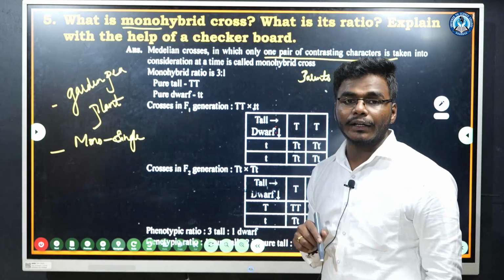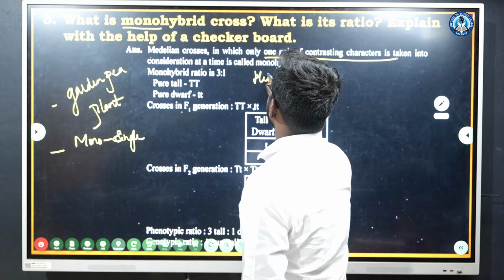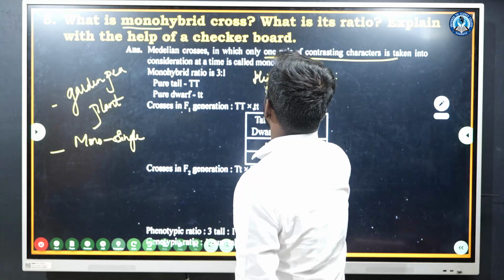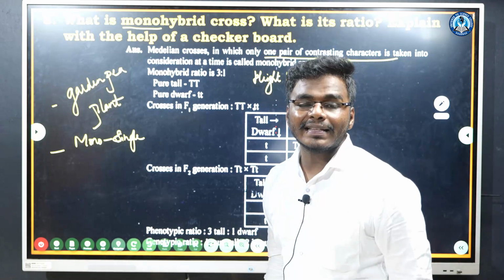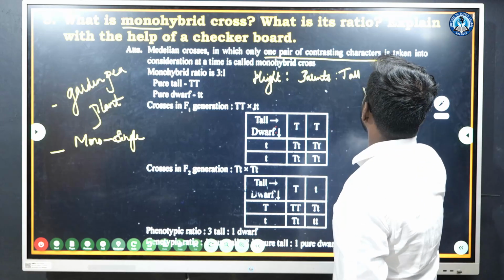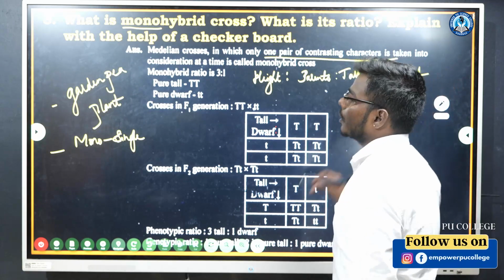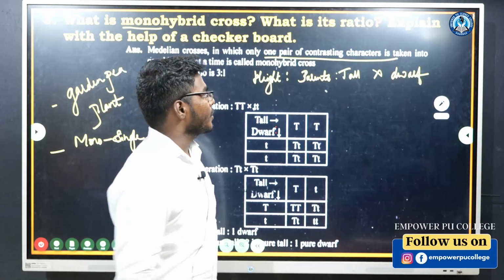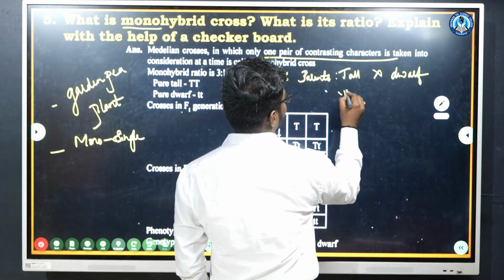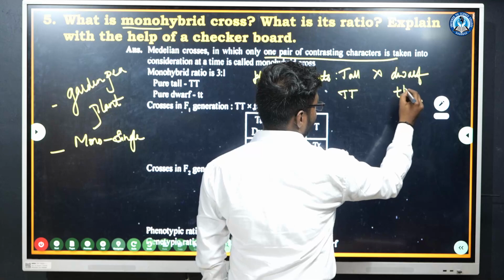For his study, he took height as a character. For the monohybrid cross, Mendel took height as a character. So in that, he crossed tall with dwarf. The tall is represented by capital T, and the dwarf is represented by small t.